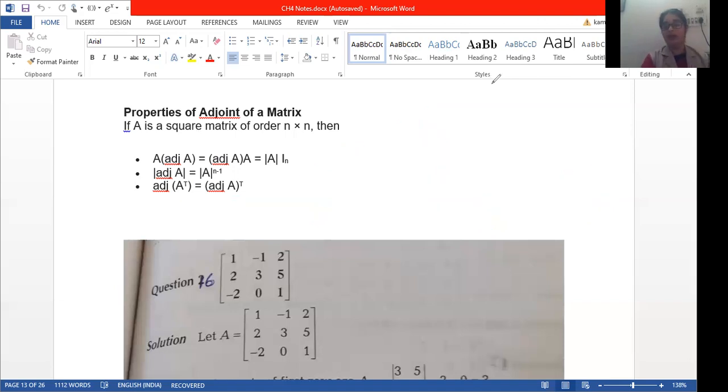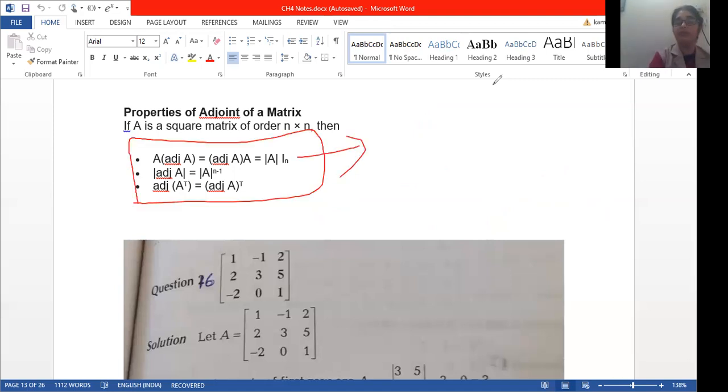Now, actually, we are running short of time. If I start with the questions, we won't be able to complete it. So, we'll revise what we have studied today. We have studied minors, cofactors, adjoint of a matrix, and these three properties. The first property we will do with an example next time.